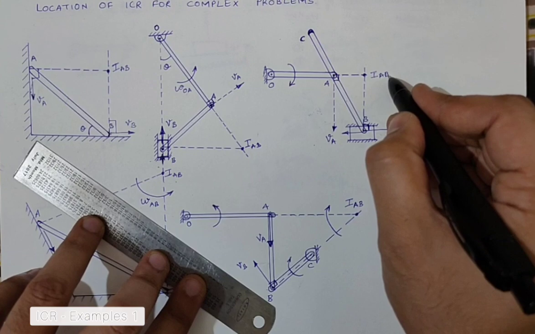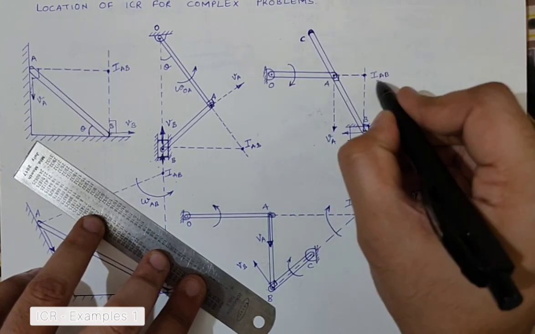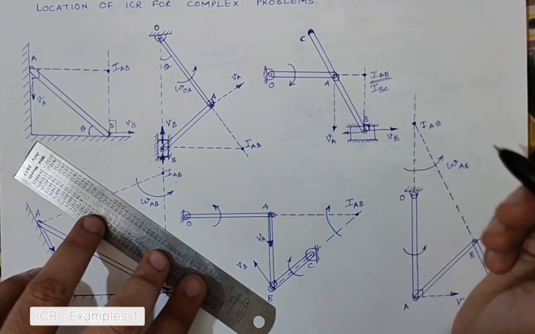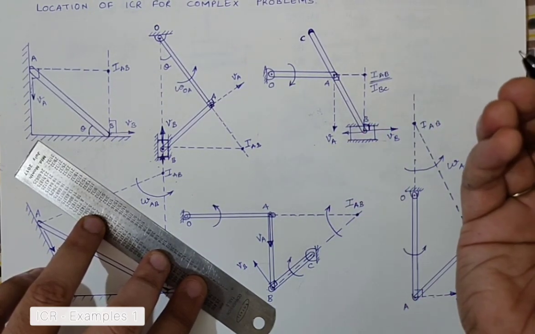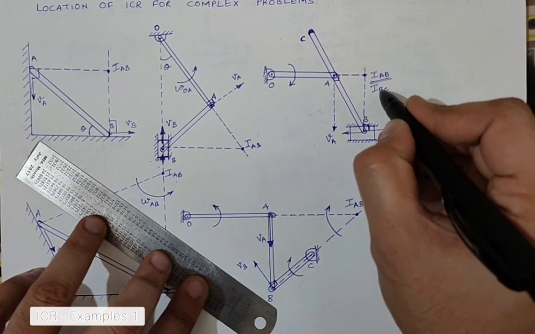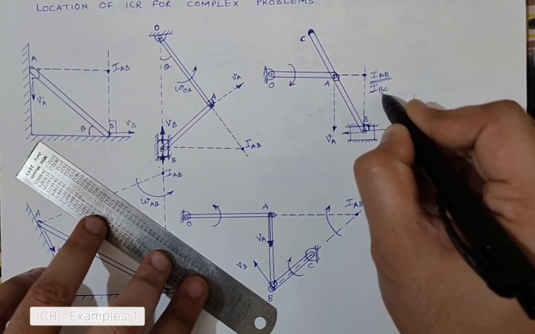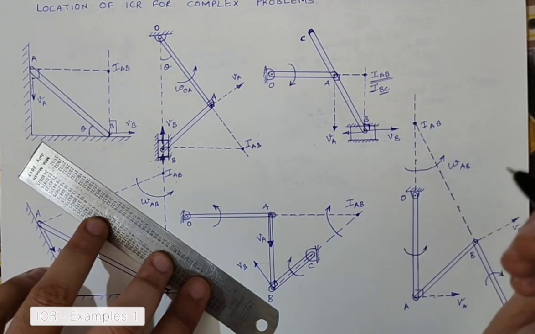But because this entire link is BC, I would rather write this as IBC. It's one and the same thing, but we can always show this point as the ICR for the complete link.